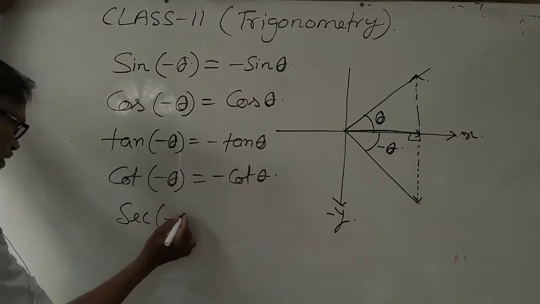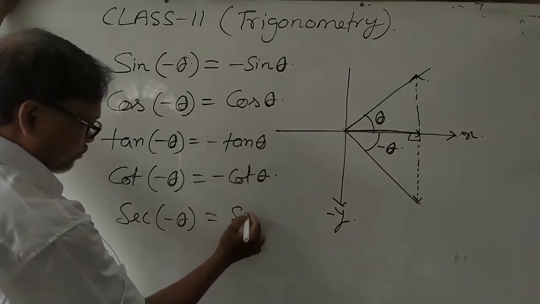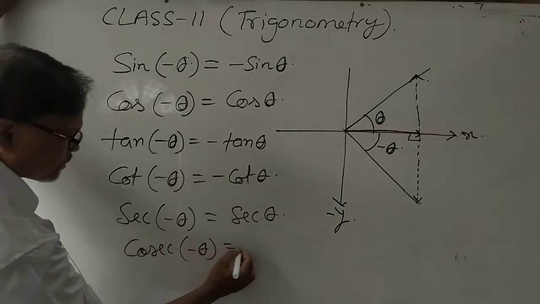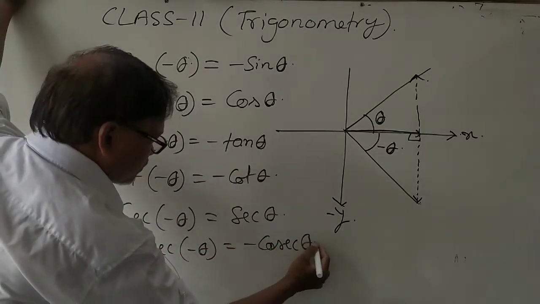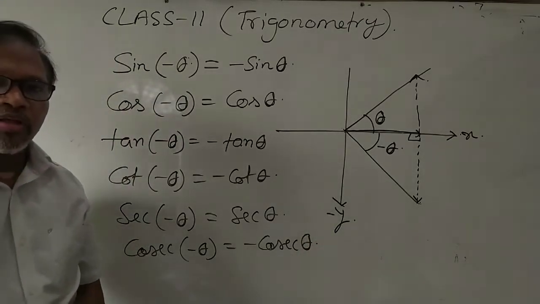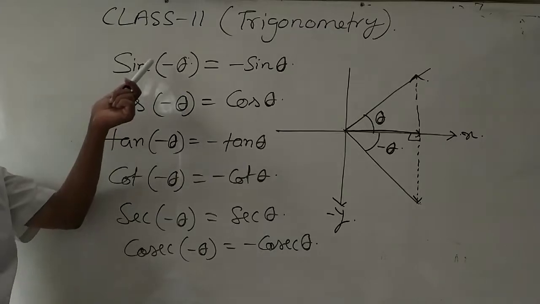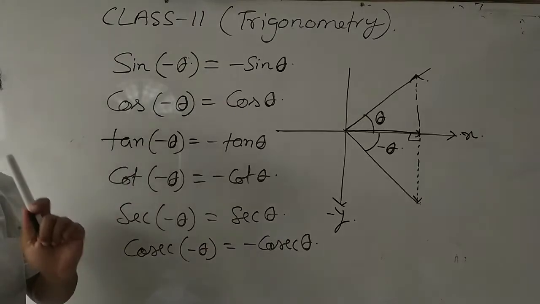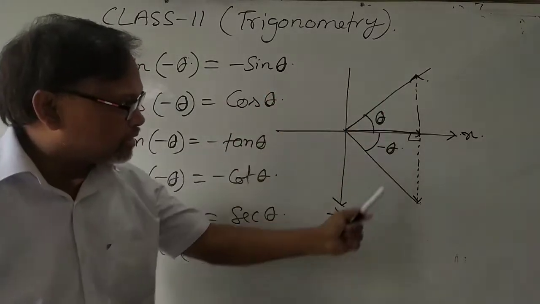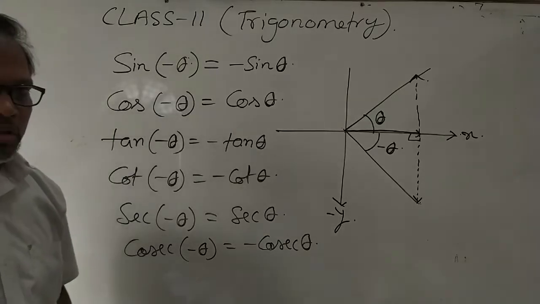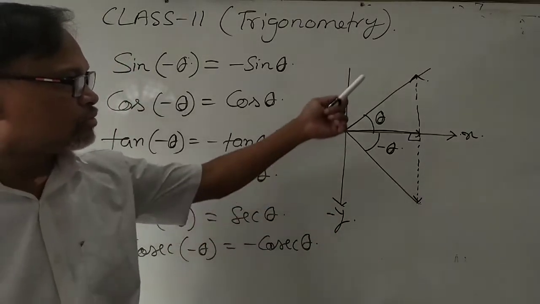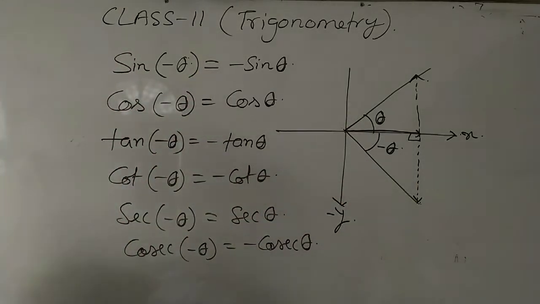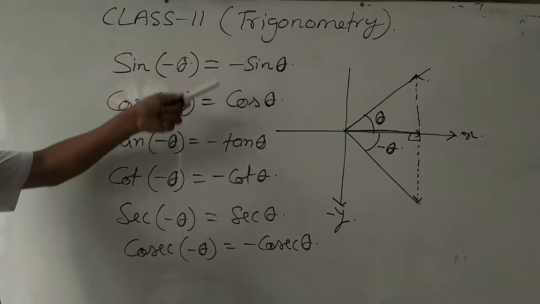Sec of minus theta is only sec theta, since this is hypotenuse upon base, but cosec of minus theta is equal to minus cosec theta. By this way you get the formulas of all the negative angles, which you have to learn or understand this way. If you forget in the exam, you can draw the figure and find the values. Only two are positive, cos and sec; all others are negative.